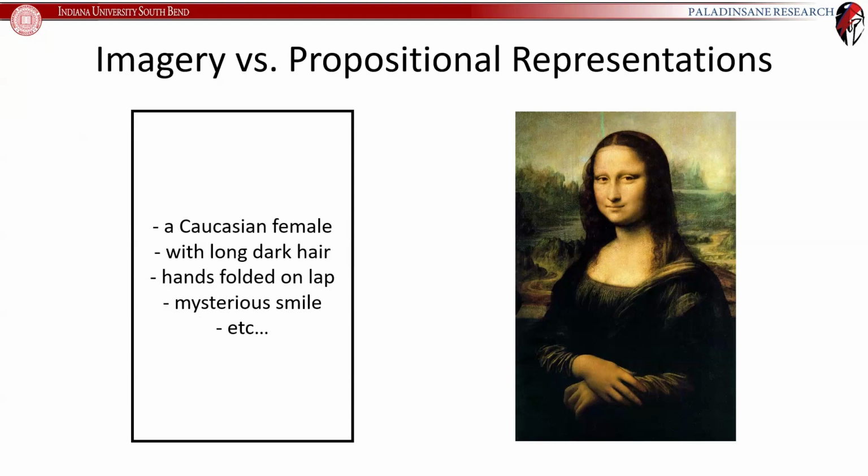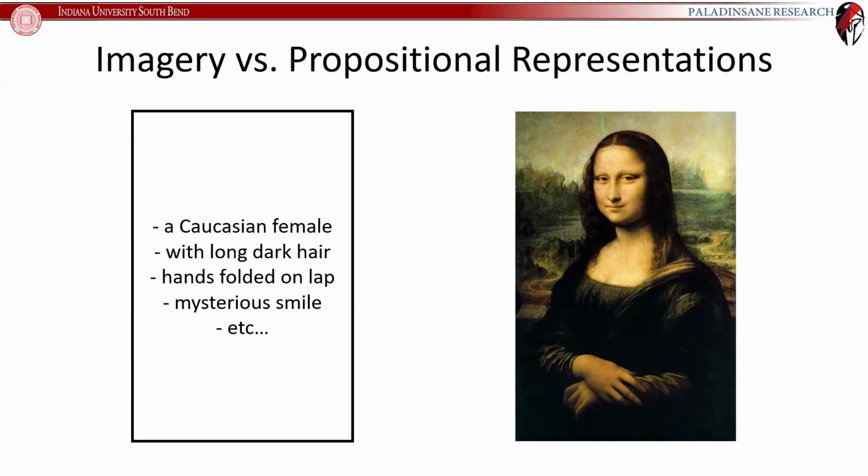The imagery representation on the right, that's not the Mona Lisa. That's not the painting that's hanging in the Louvre. And the painting is a representation of, I don't know if she really existed, but of the person that Da Vinci would have been painting. So this is an imagery representation of the Mona Lisa, and it preserves structure.